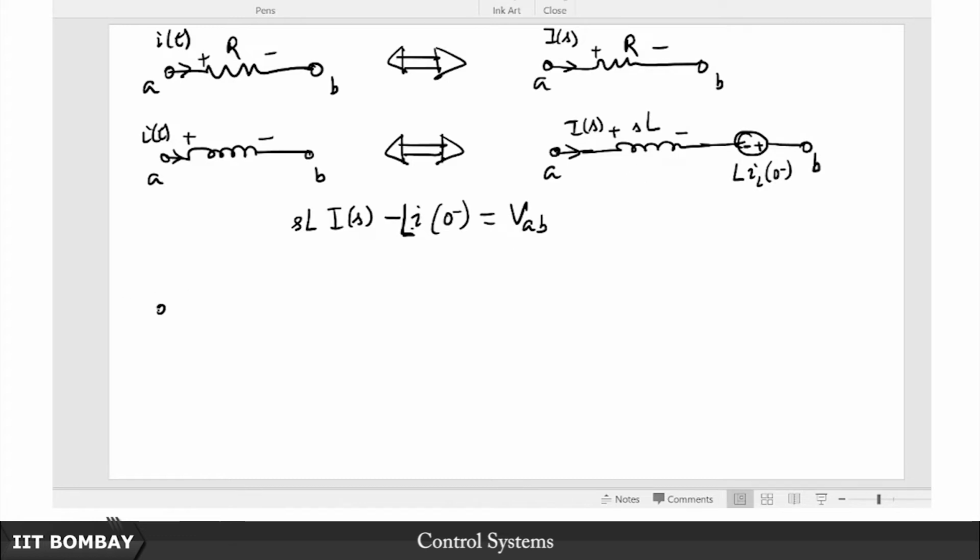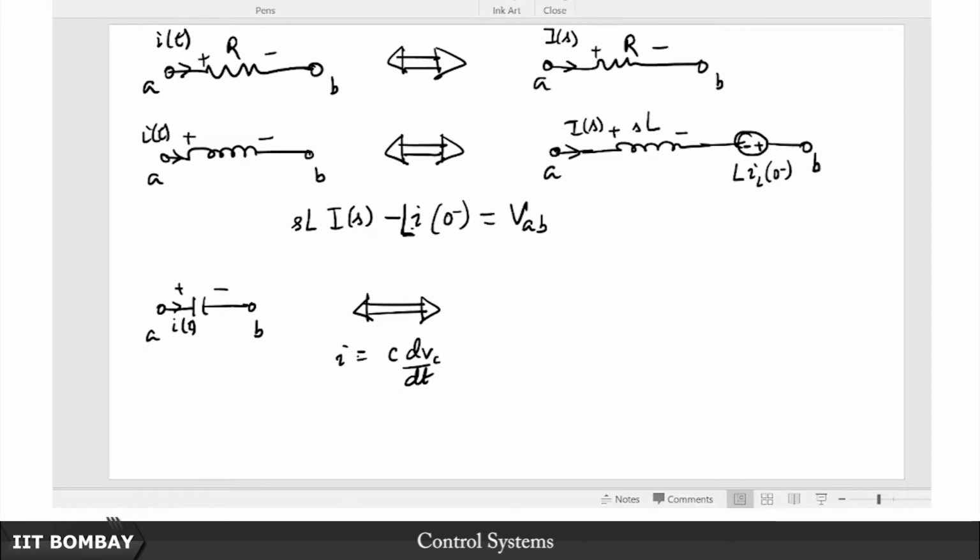Similarly, if you take the capacitor here, now what is going to be the initial condition? You see that I is given by C dV/dt, where V is the voltage drop across the capacitor.